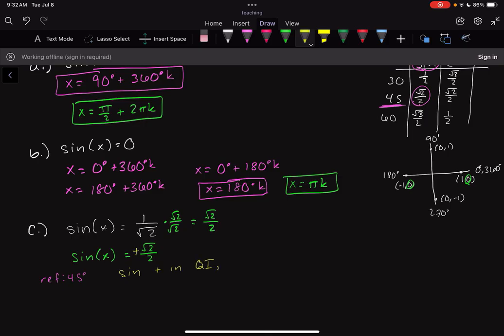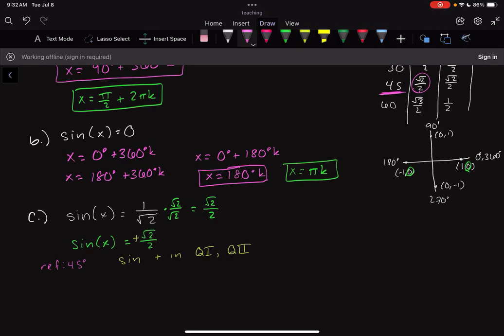And then where else is sine positive? Quadrant 2. So for my answer for this one, I'm looking for the quadrant 1 answer and the quadrant 2 answer, both of which have a reference of 45 degrees.